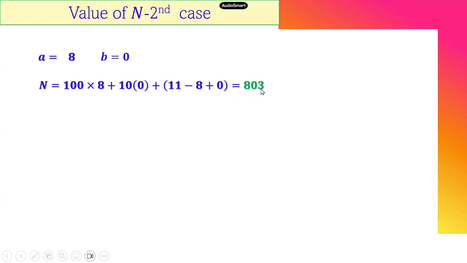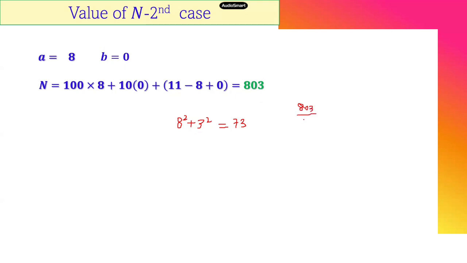So 8 square plus 3 square is equal 64 plus 9, which is 73, and 803 divided by 11 is 73 as well.